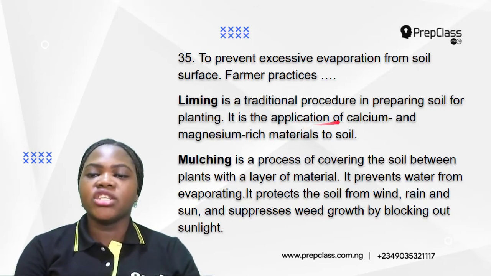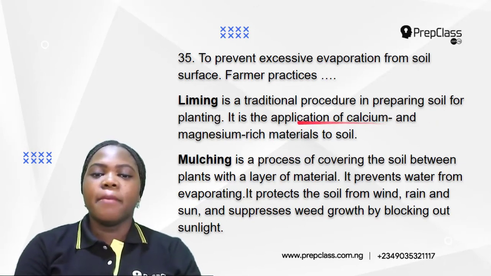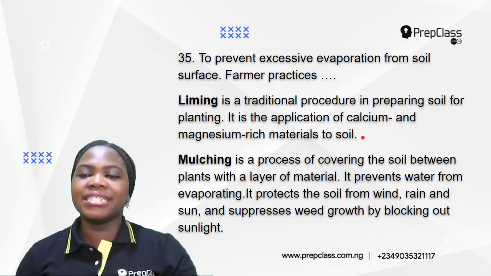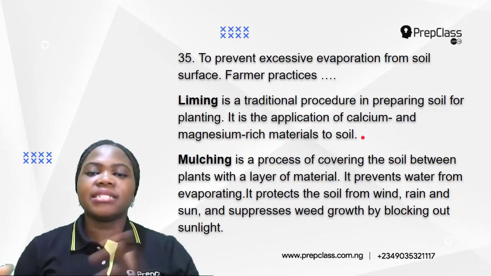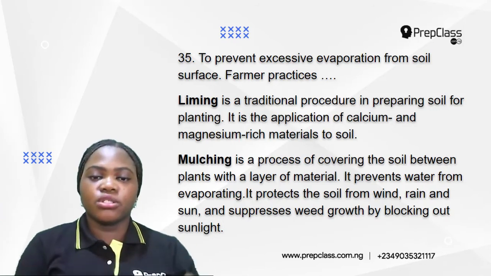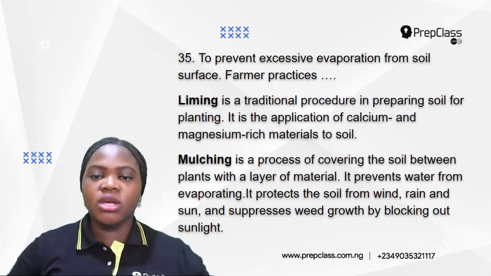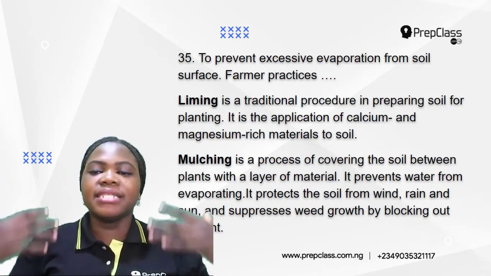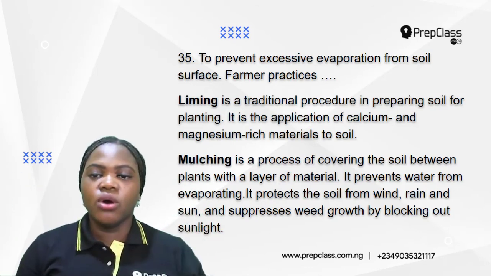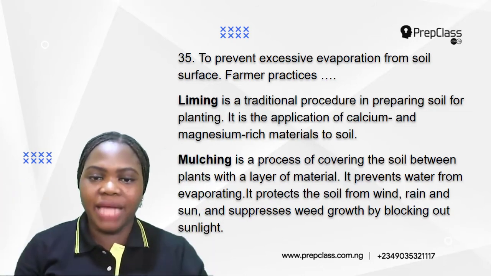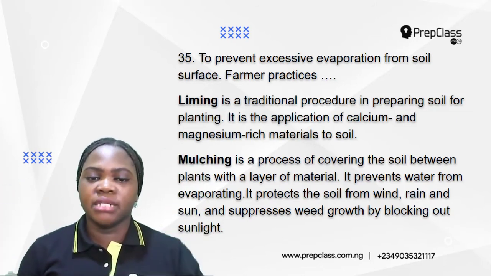It is the application of calcium and magnesium rich materials to soil. So when you add calcium and magnesium rich materials to soil, that is liming. You are preparing the soil for planting because the plant needs calcium, it needs magnesium. So you add them to the soil before you plant. This process is called liming.